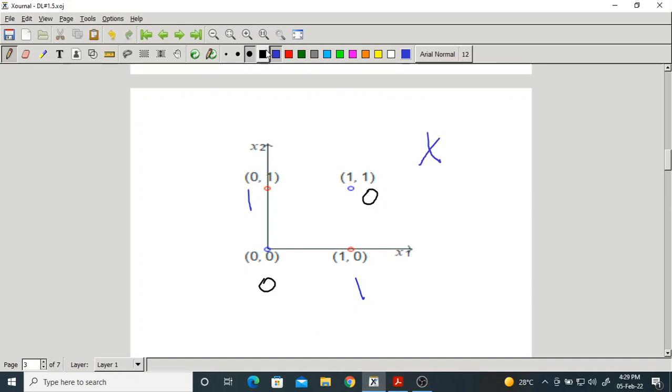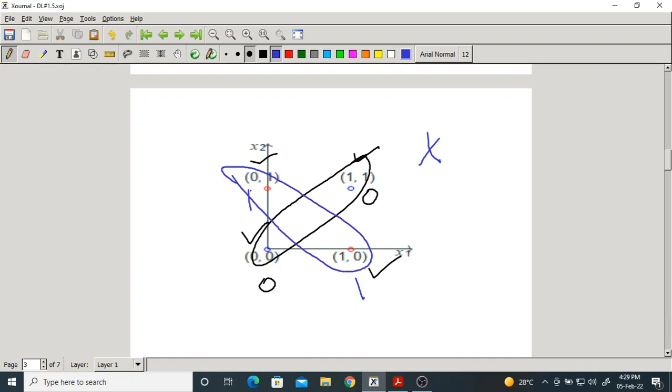Okay, the logic is very simple because we have points at the corners, something like this. Okay, so this is XOR geometry. XOR is a non-separable Boolean function.